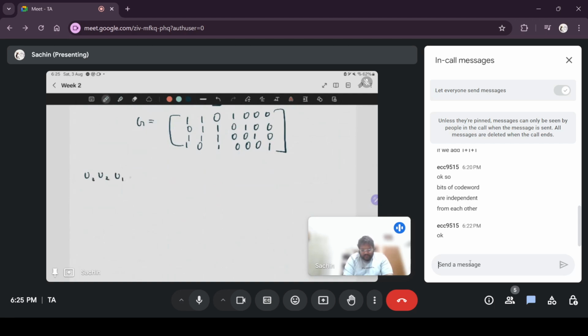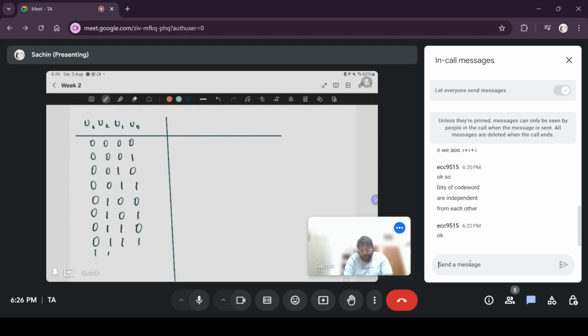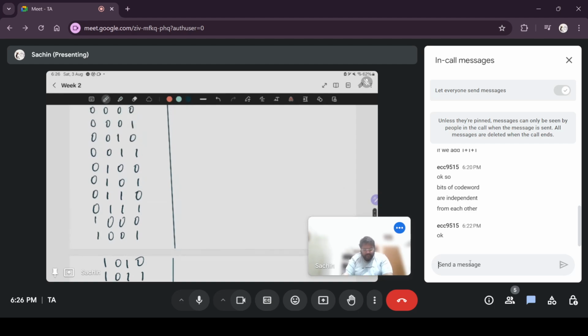If the bits of the messages are U3, U2, U1, U0, they can take 16 different values. 12, 13, 14, 15. So 0 to 15.